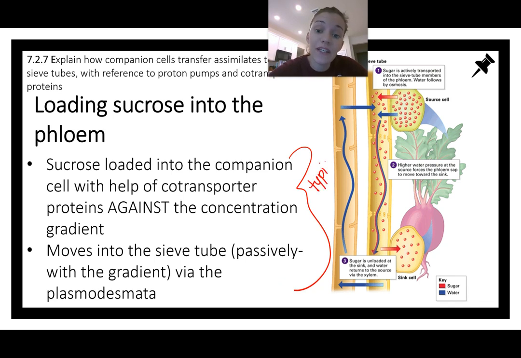So typically you have to actively load it into the companion cell and then it passively flows into the sieve element. But in like ride or die situations, it could kind of flip that way and be passively into one and actively into the other. But this is the typical, like most of the time it looks like this. So loaded into the companion cell with co-transporter proteins against the gradient, and then it flows down the gradient into the sieve tube.